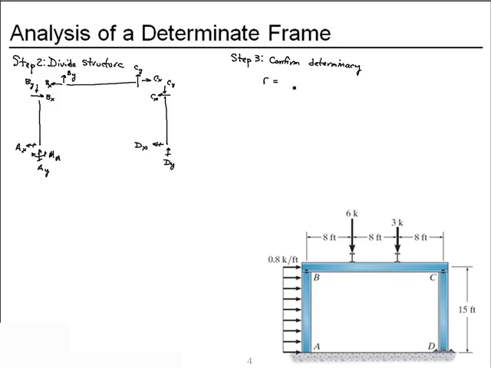Unknown reactive forces: 3, 5, 7, 9. Our number of free bodies: 1, 2, 3. So we compare 9, 3 times 3, they are equal. It's determinate.